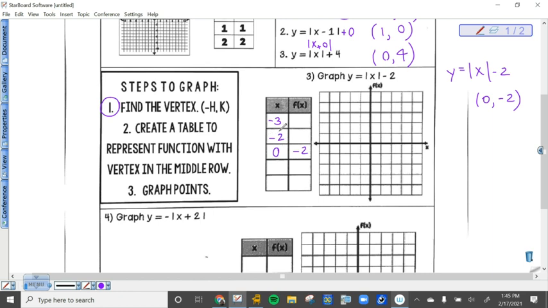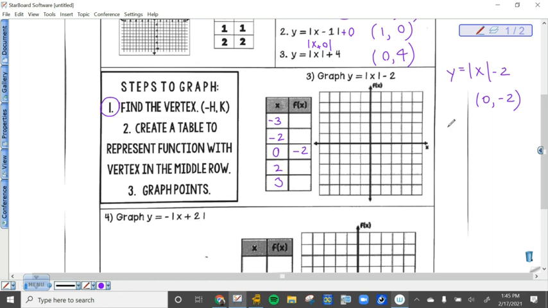Okay, and then let's mirror that. We'll do +2 and +3. And then for the other side, what we do is what we were doing last week, where we take our input value and plug it into our equation. So I take these different values for x, and I substitute them in for x in my equation.